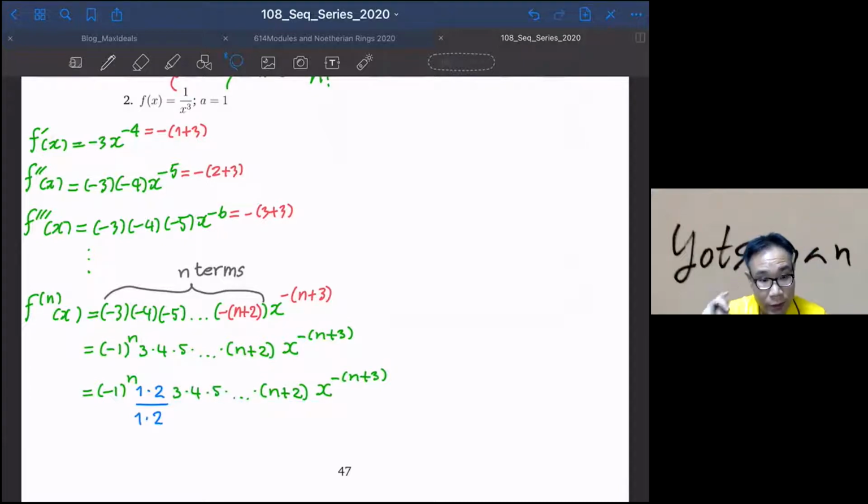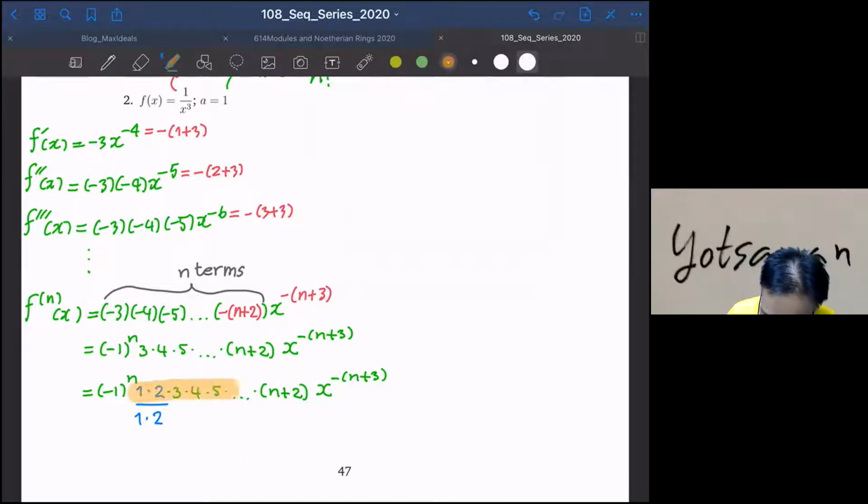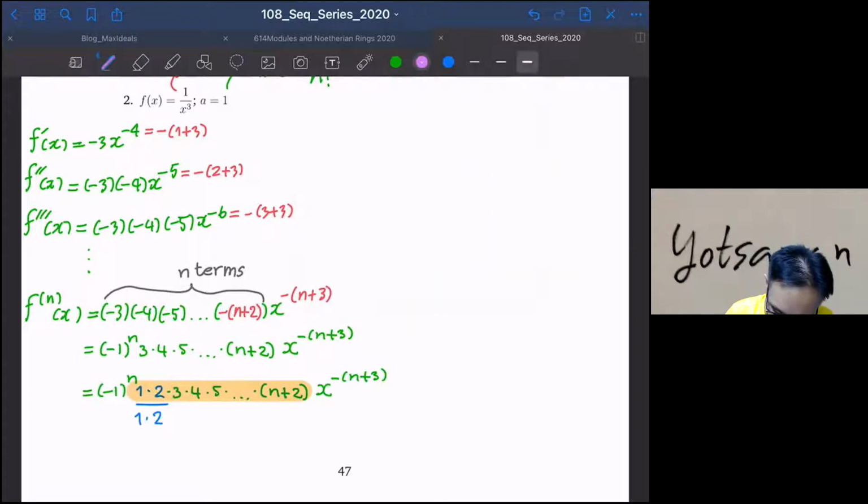You see the green guy, I just insert 1 times 2 into this one, and everything turned out to be fine, right? And you can write this one as 1 times 2 times up until n plus 2. So this one would lead you to n plus 2 factorial.